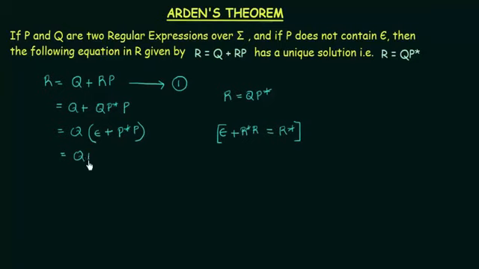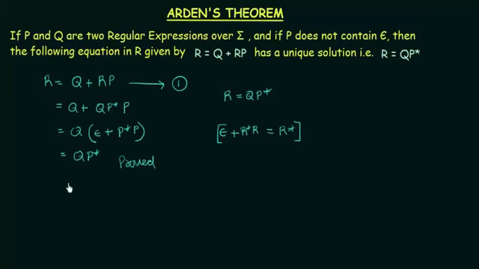So Q P star. So now we see that when we replace R with QP star, we are getting QP star over here. So we have just proved that R equal to QP star is a solution to this equation that we got here. So we have proved the first part of Arden's theorem.